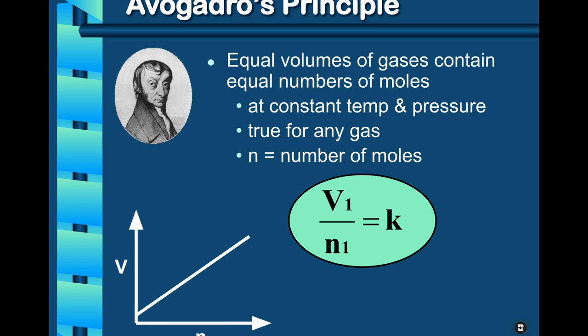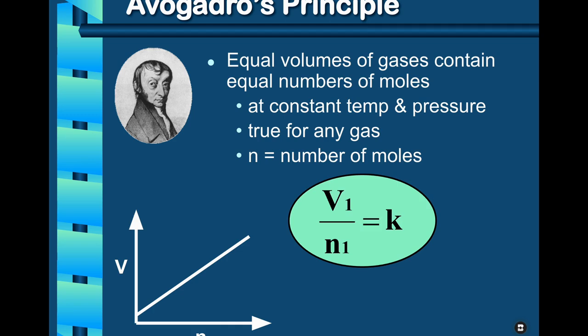He held temperature and pressure constant. Now, what is revolutionary about this is that it is true for any gas. So no matter what gas you have, if you are having a constant temperature and pressure, it will occupy the same amount of space. And for moles, we use the variable N.